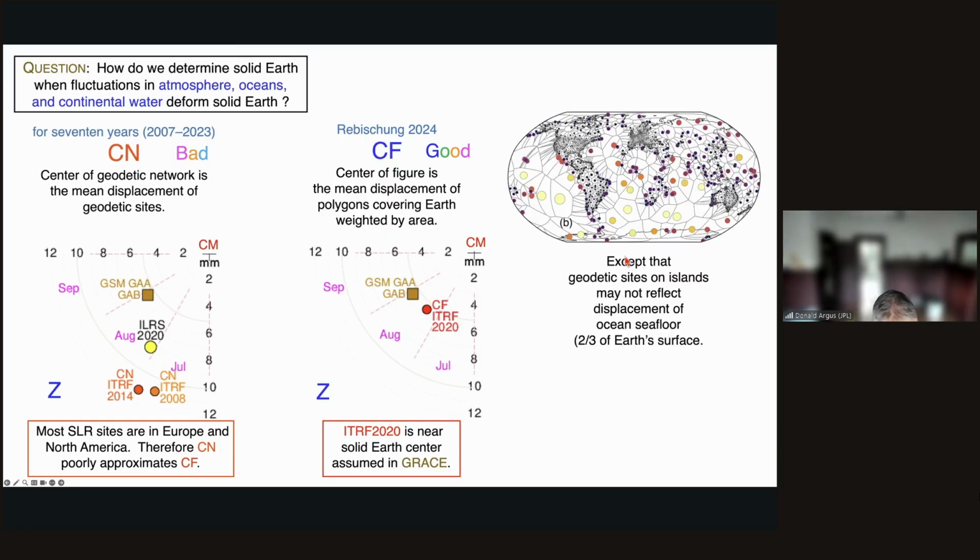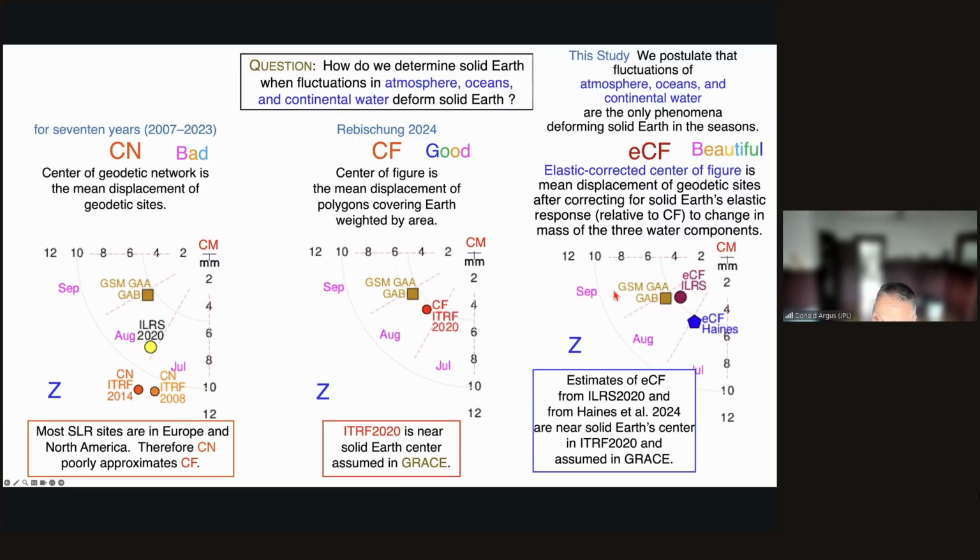In this study, we estimate the displacement of ECF as follows. We postulate that fluctuations of atmosphere, oceans, and continental water are the sole phenomenon deforming Earth's surface. We remove from the observed geodetic site displacement solid Earth's elastic response to CF created by these three mass phenomena.